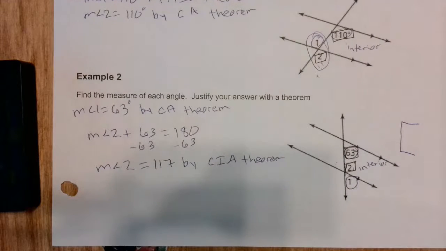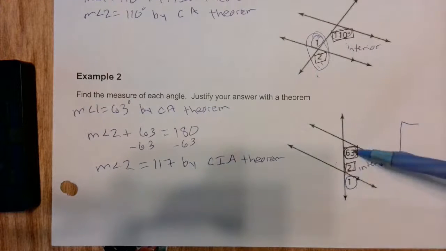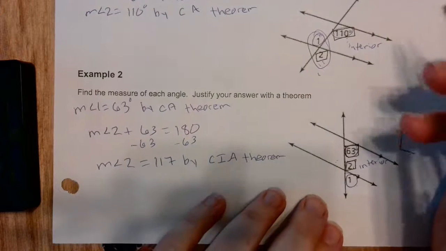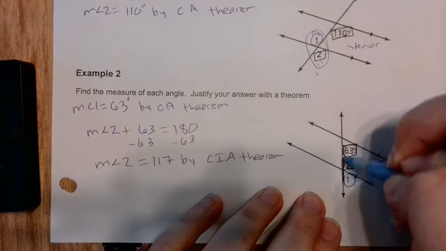Now again, I found them this way because of the vocab words we're practicing. I absolutely would not have done that if I was solving this problem for myself. I would have found angle 1 first, and then I actually would have seen this.